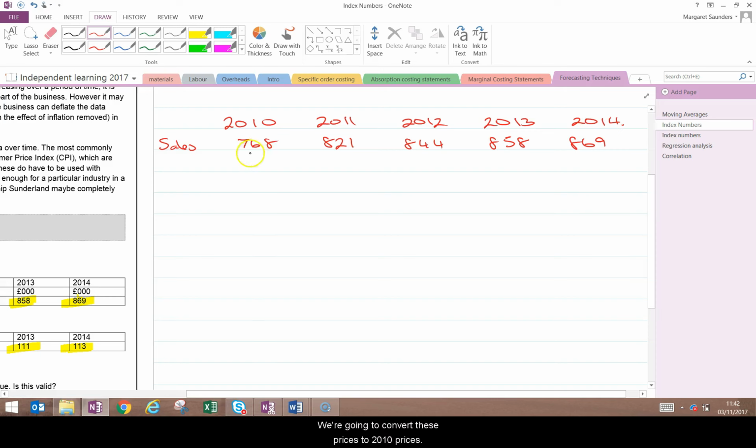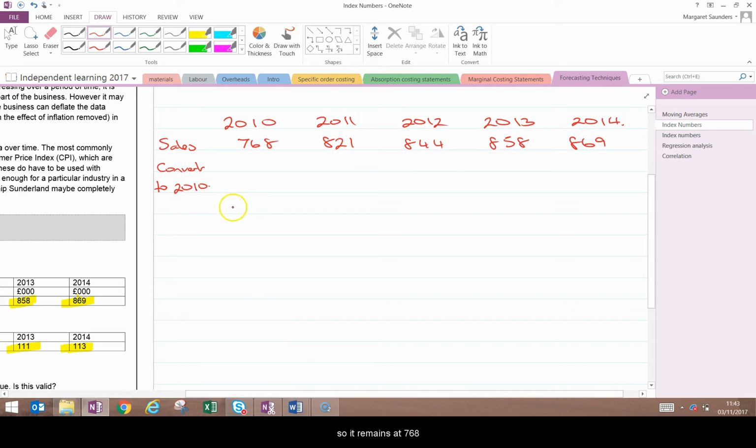Now we're going to convert these prices to 2010 prices. So in effect what we are doing is for each year subsequently to 2010 we are going to remove the effects of inflation that have taken place. So all of our sales figures will be expressed as if they had happened in 2010.